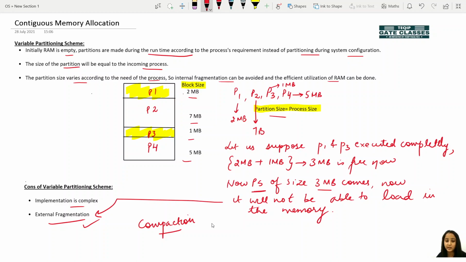But compaction is undesirable, because it is a very costly procedure. So implementation becomes very complex. It interrupts all the running processes in the memory. So it is an undesirable condition.